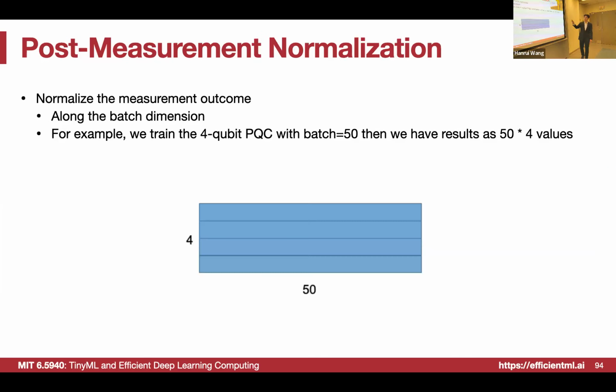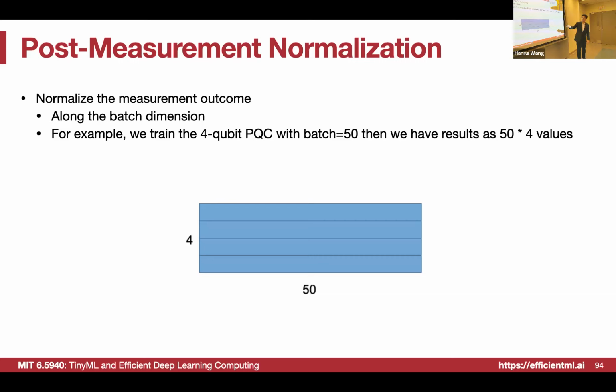So one thing that we can typically apply to the middle layer of the mitigation is called the post-measurement normalization. That means after you measure this quantum state back to the classical value, we can apply some normalization between the different results in the same batch.